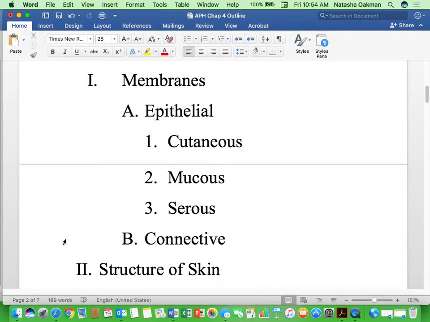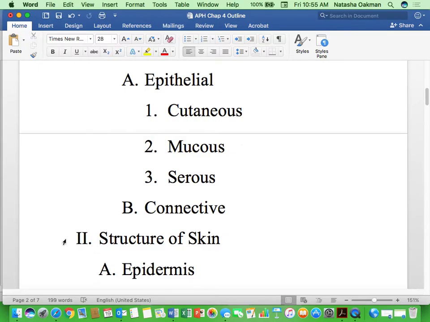All right, so let us focus on the skin. So we'll work from the outside in, and we'll start with the epidermis.